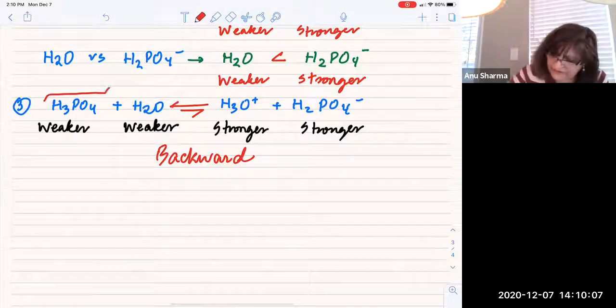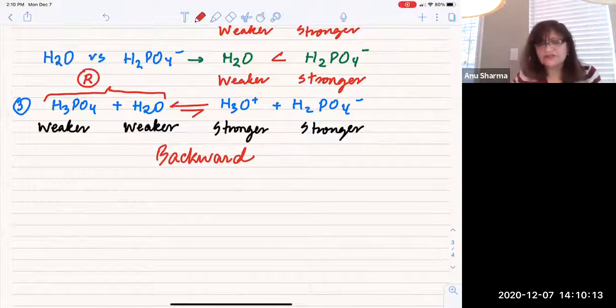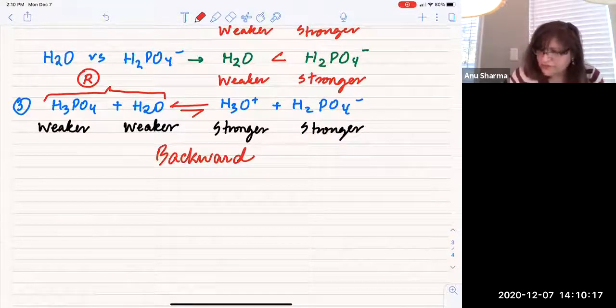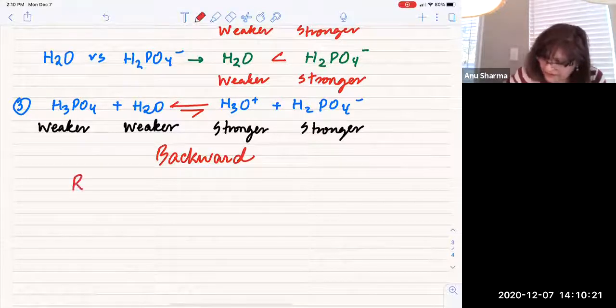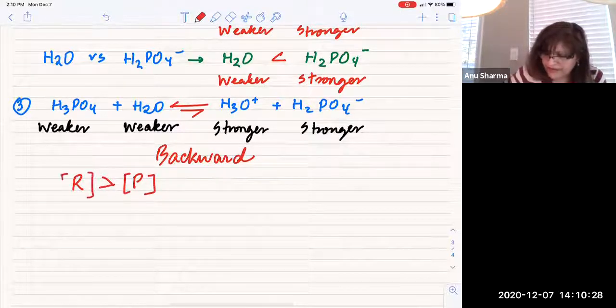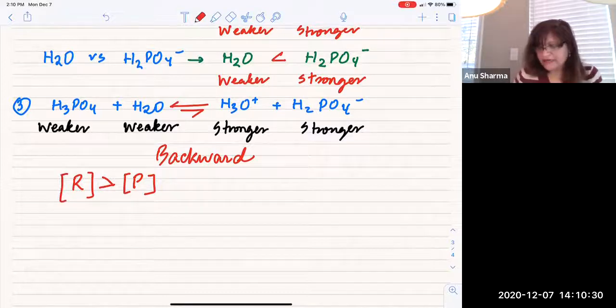Equilibrium is a little confusing, because we still consider it from our side. These are the reactants and those on the other side are the products. The concentration is shown by the square brackets, and we see that the reactants are more than the products.